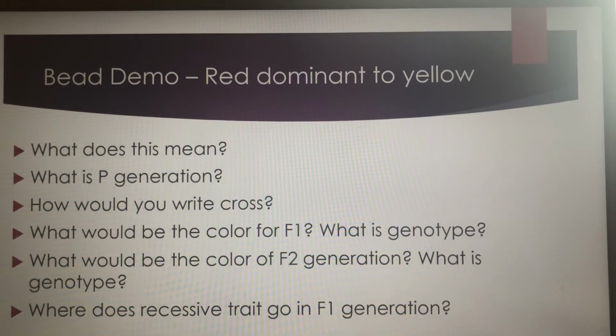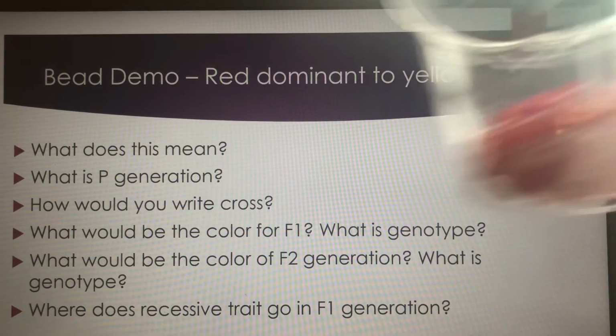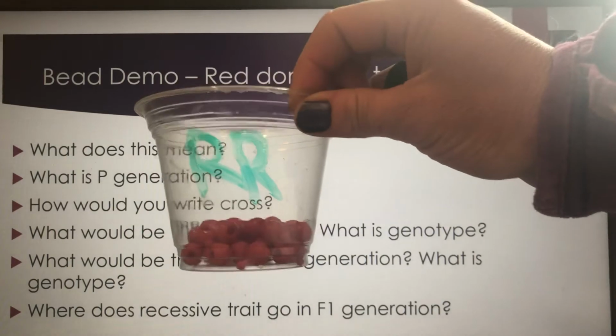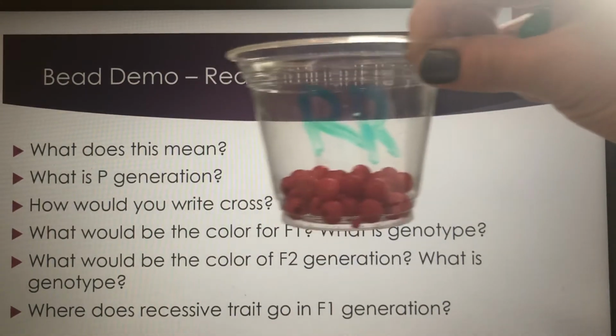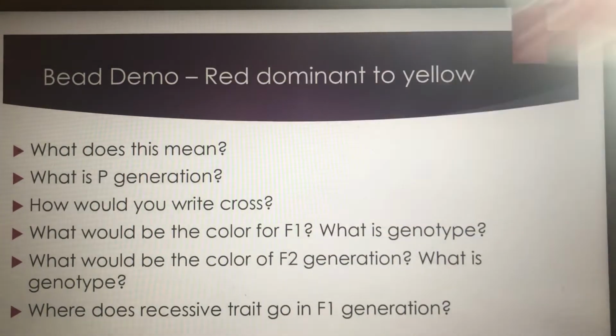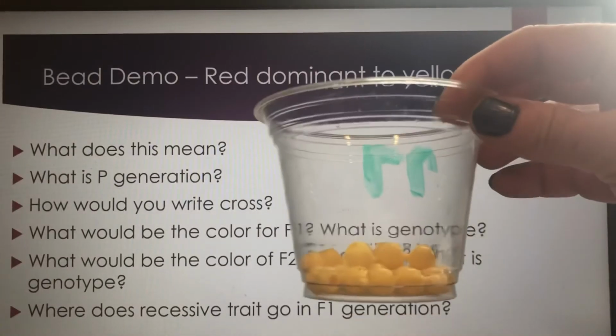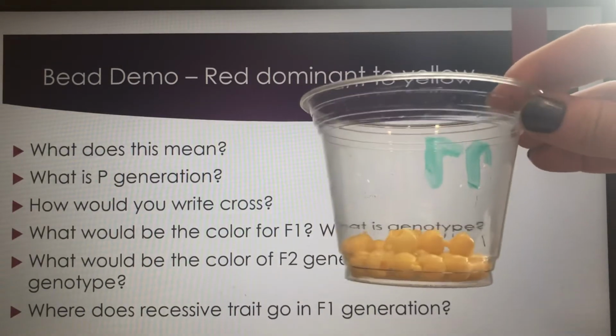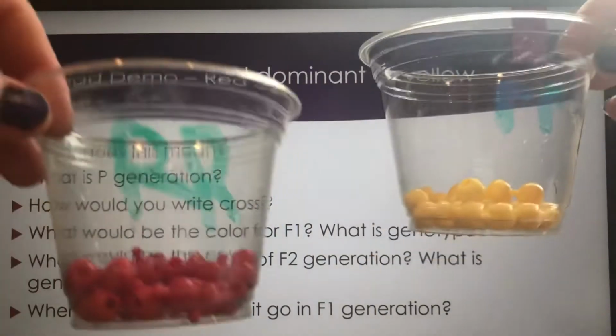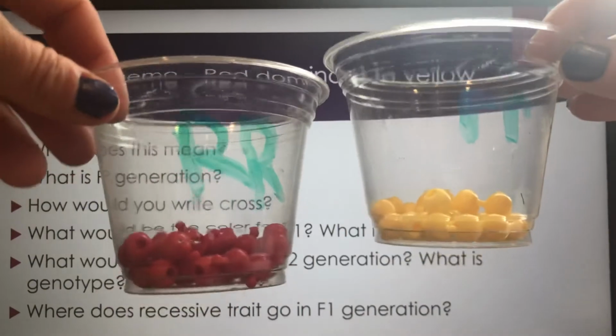So this is just a little bead demo. Let's make R the dominant color, so big R for the red beads. And then the yellow beads would be the recessive, so little r. What would the P generation be in this mating?